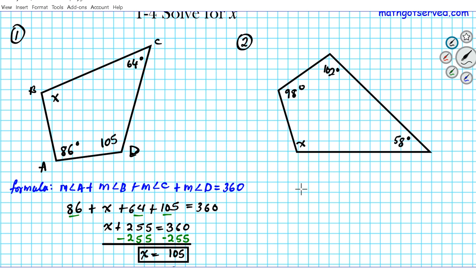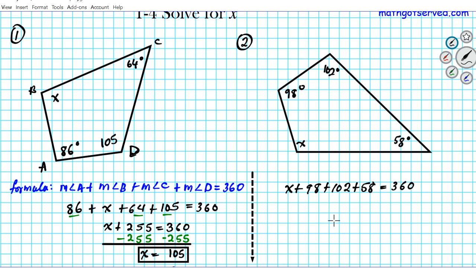Okay, so using the angle sum property of quadrilaterals, I keep mixing those up, we can just jump right to an equation. We know from the angle sum property of quadrilaterals that if we add all the angles together, x plus 98 plus 102 plus 58, we're going to get 360. Okay, we already talked about that before.